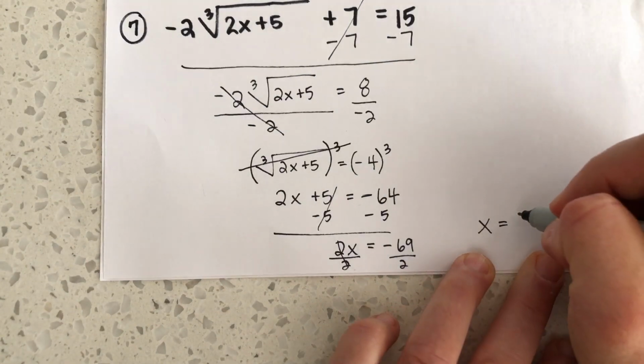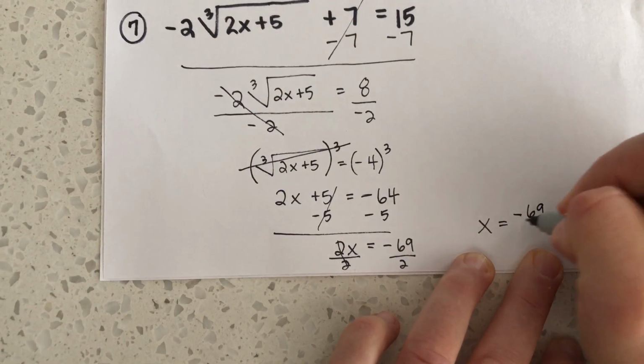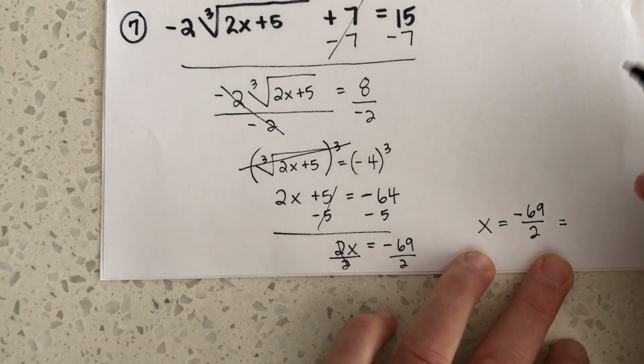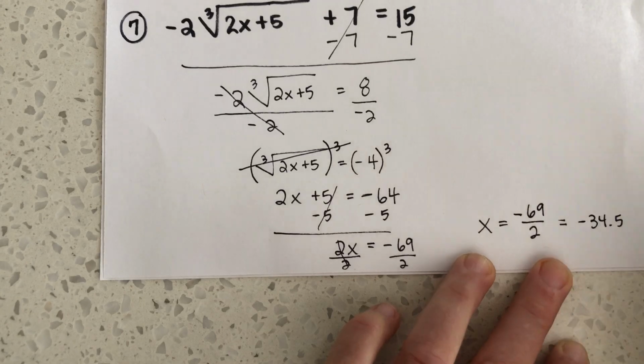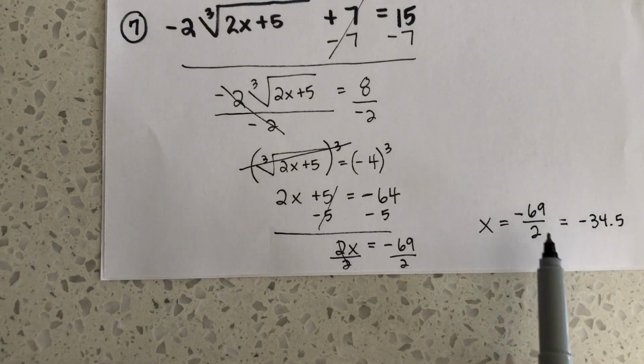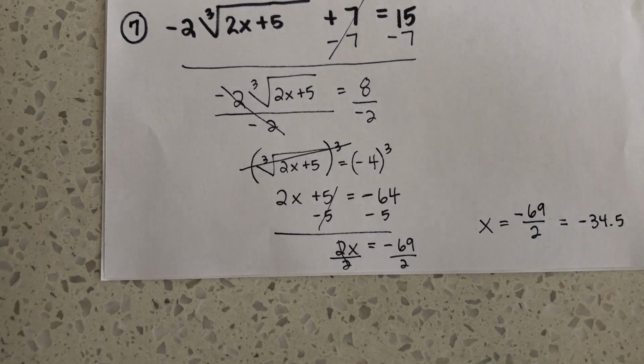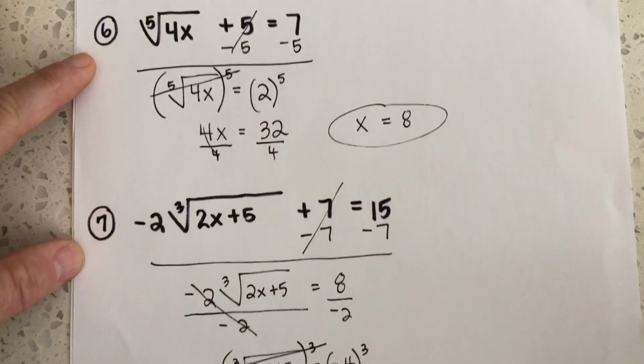So your answer is just -69 over 2, -69 halves, or it's -34.5 as a decimal. I'm not sure which one Delta Math is going to want. They might want the fraction, so just pay attention to what they ask you or how they ask you to write your answer. Okay? All right, so that's the first day of solving radical equations.